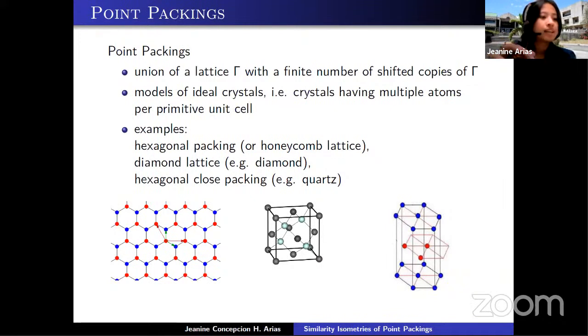Point packings serve as models for ideal crystals, that is, crystals with more than one type of atom per primitive unit cell. Examples include the hexagonal packing or the honeycomb lattice, the diamond lattice, which describes the crystal structure of diamond, tin, silicon, and germanium, and the hexagonal close packing, which describes the crystal structure of quartz.